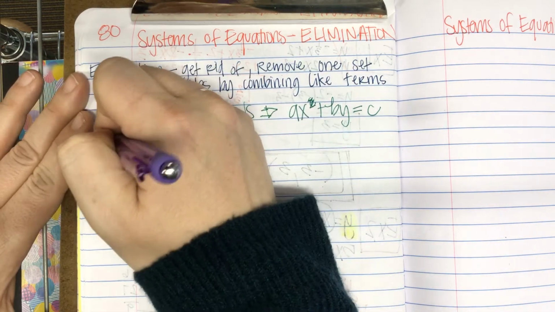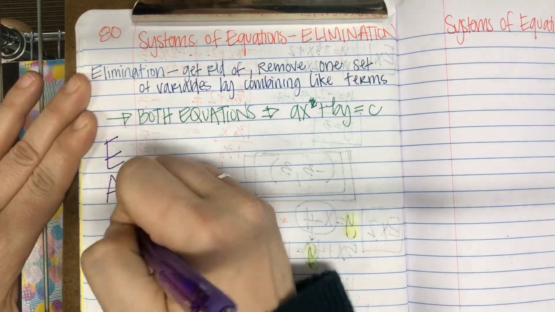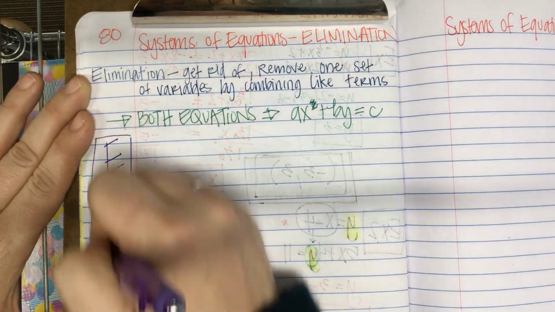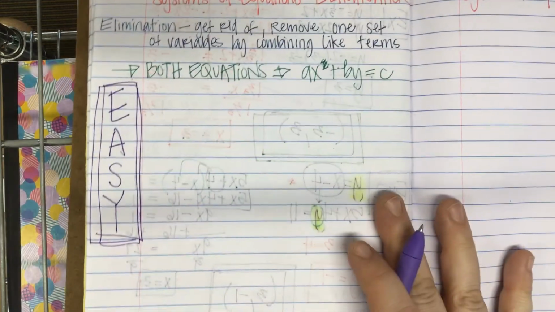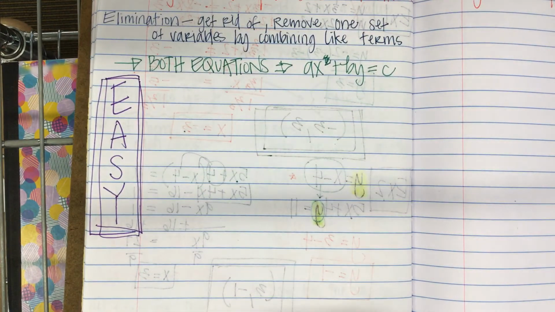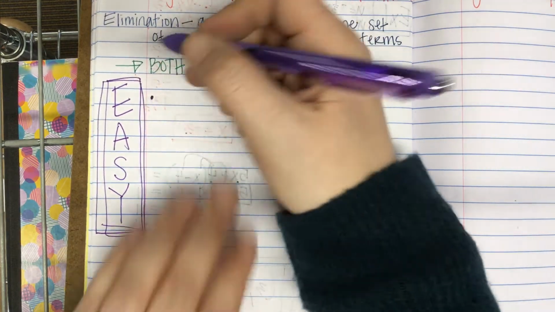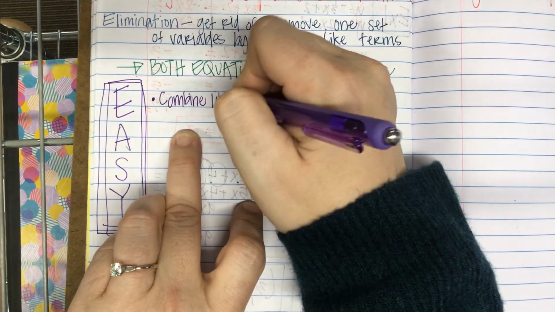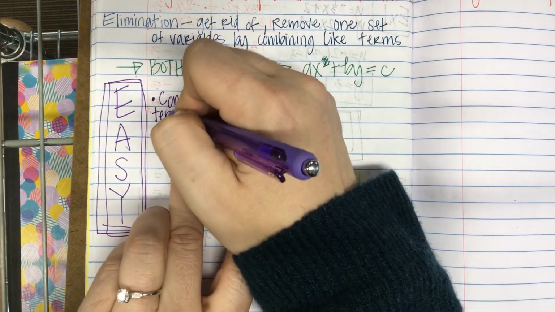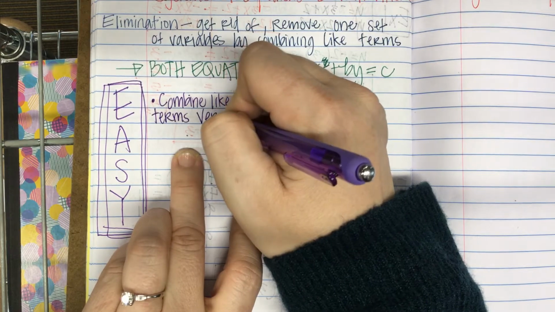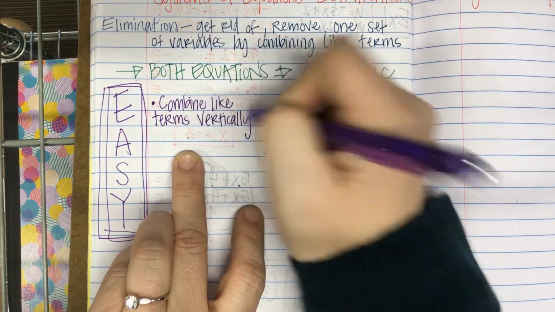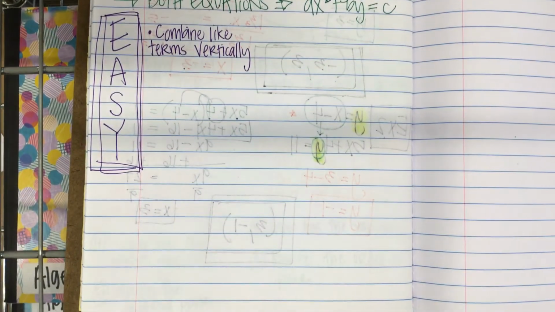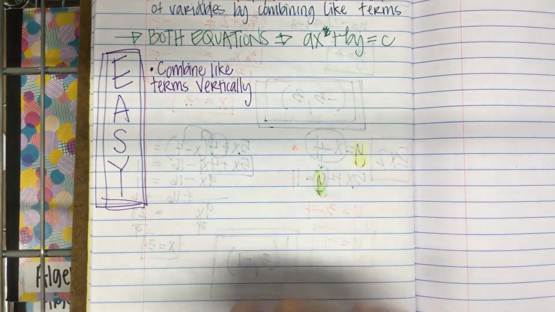Okay? So here's an easy type problem. If it's easy, you're going to combine like terms vertically.